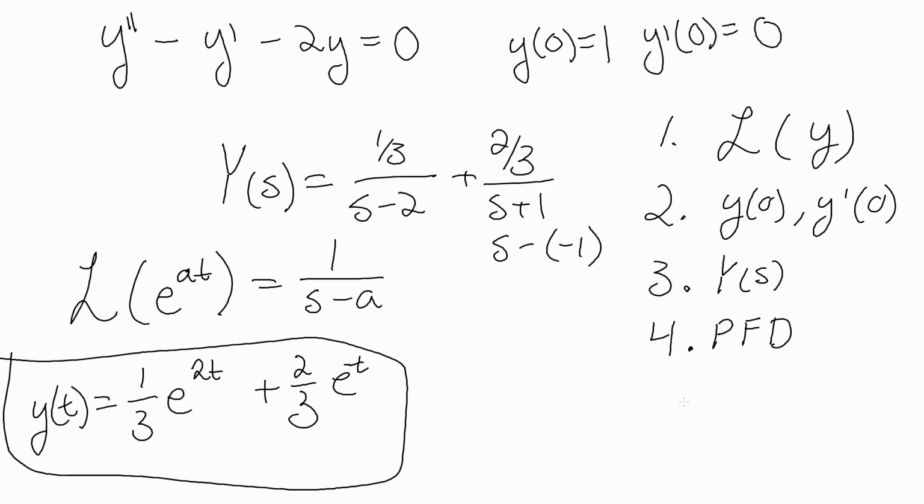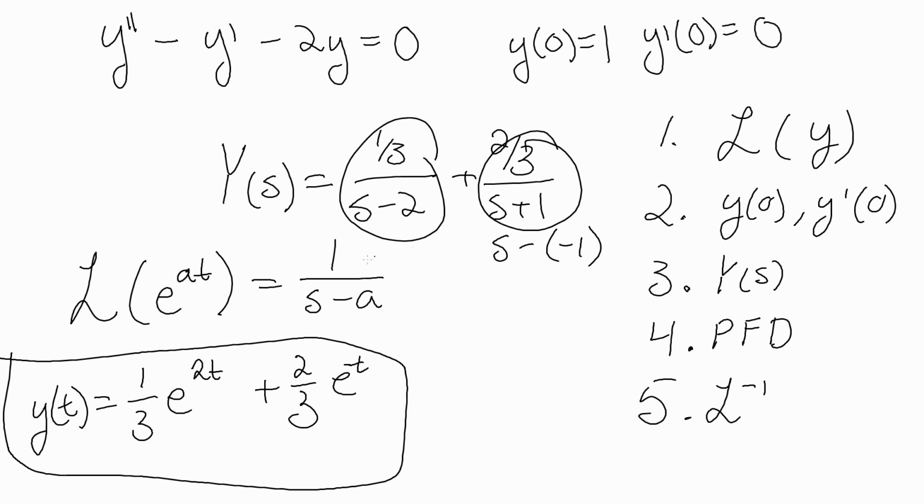And then we took the inverse Laplace transform of each of the elements in y of s, these things right here, just going back from y of s to the input of the Laplace transform, which got us y of t.